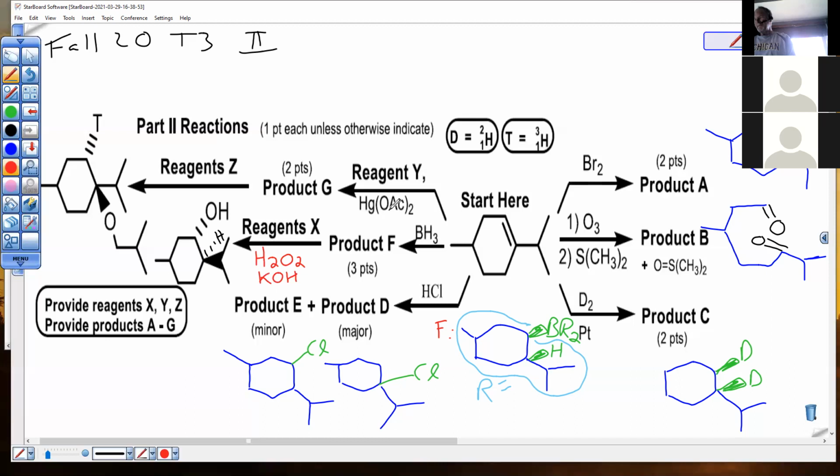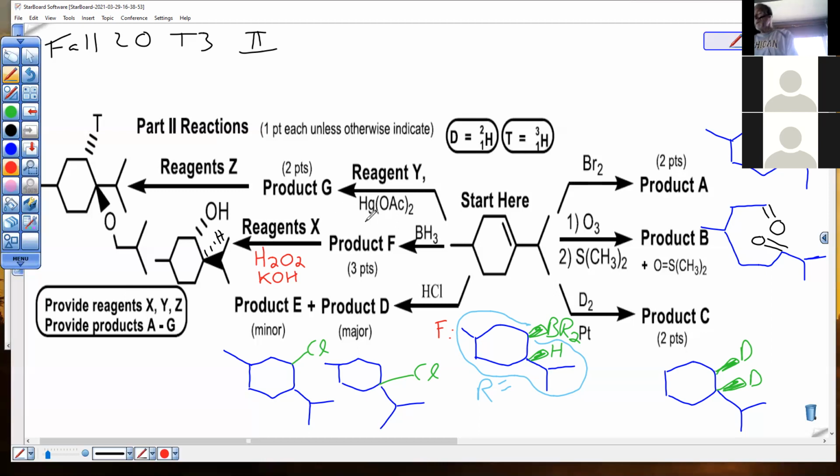Is there a mistake? Oh, reagent Y. Where's reagent Y? Did I fool myself? I'm looking around for reagent Y. Oh, you got to provide reagent Y. Geez, it says right here, provide reagent Y. I can't read.